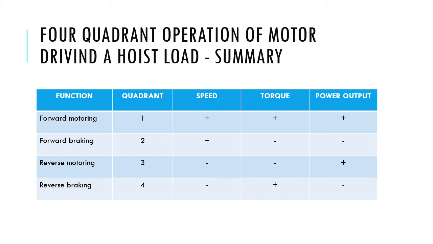In reverse motoring operation, that is happening in the third quadrant, speed is negative, torque is negative, power output is positive. In reverse braking operation, that is happening in the fourth quadrant, speed and power output are negative but torque is positive.